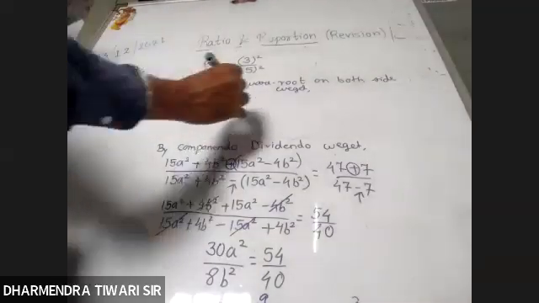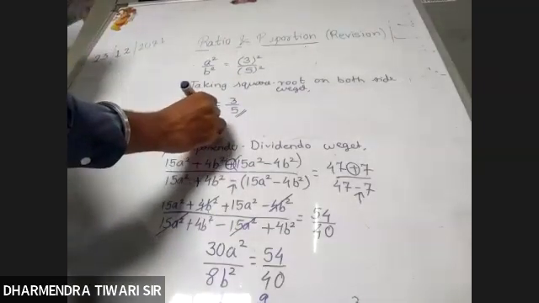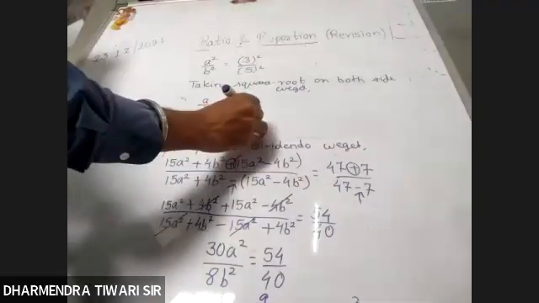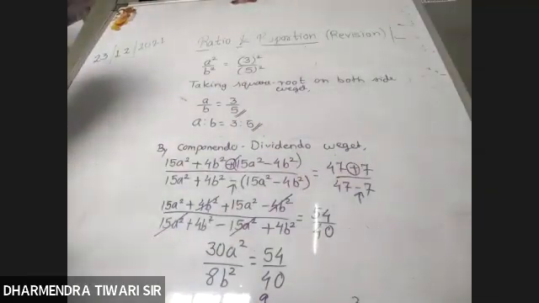Means a is to b is equal to 3 is to 5. This is the required answer for a by b.